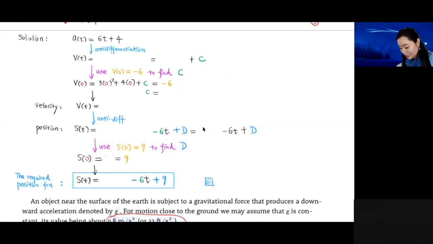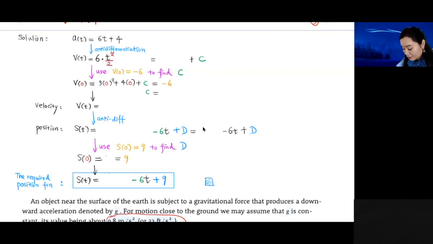Okay, thank you. So we're given this acceleration, a of t is 6t plus 4. So we take the antiderivative one time, so we find the velocity function. So v of t is equal to what? Can someone tell me? 6 times t, exponent increased by 1, so that would be t squared, and then divide by the exponent, divide by 2.